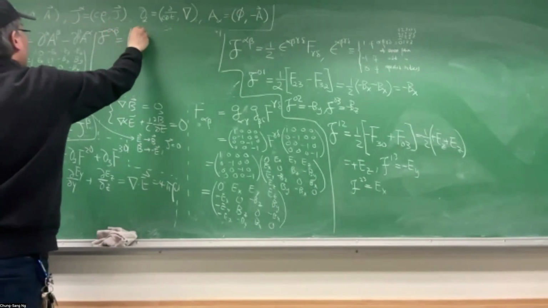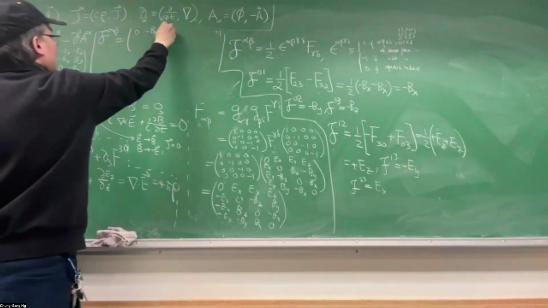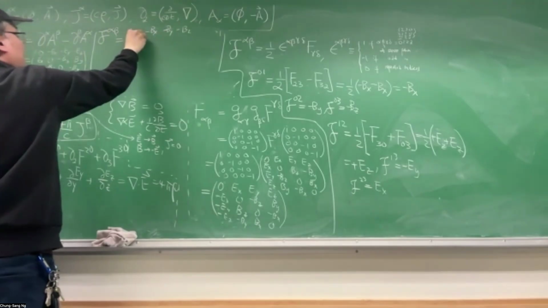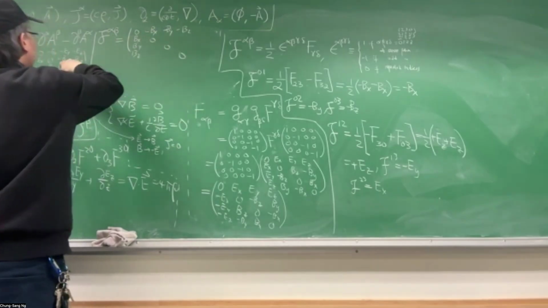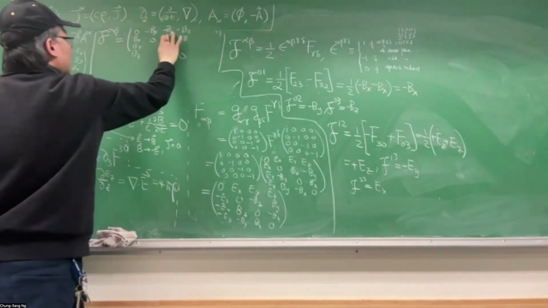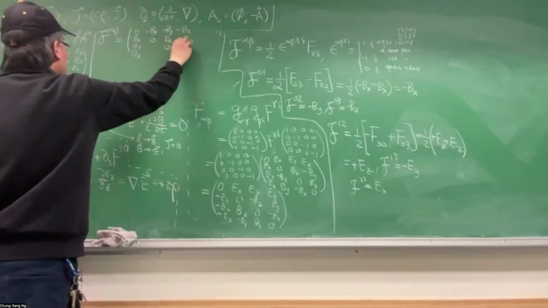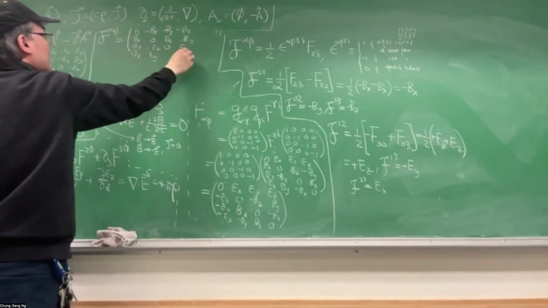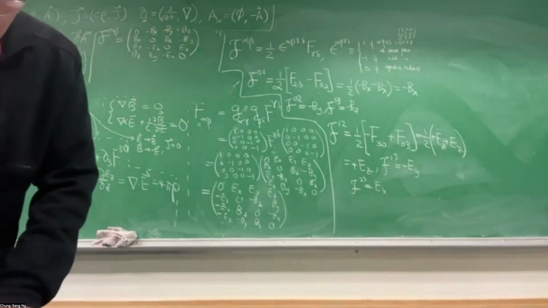Basically what we do is changing E to B, keeping the sign, anti-symmetry, and changing B to minus E, with EZ, minus EY and EX, EZ, EY, and minus EX. So that's the script dual tensor.